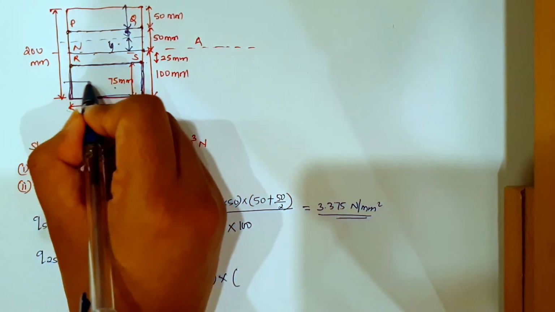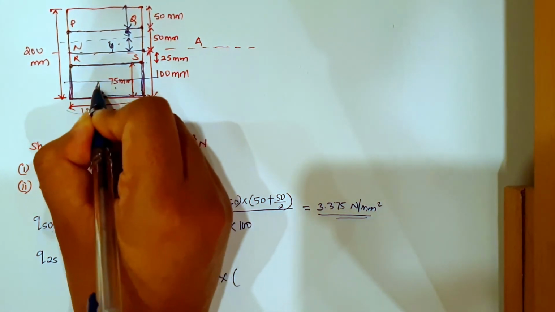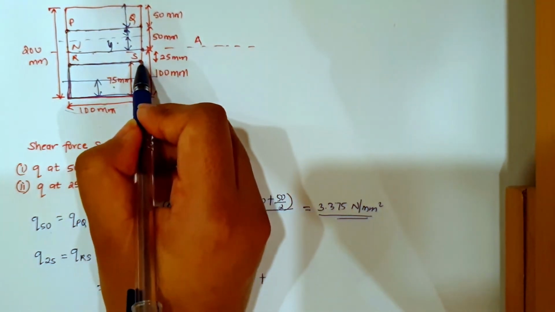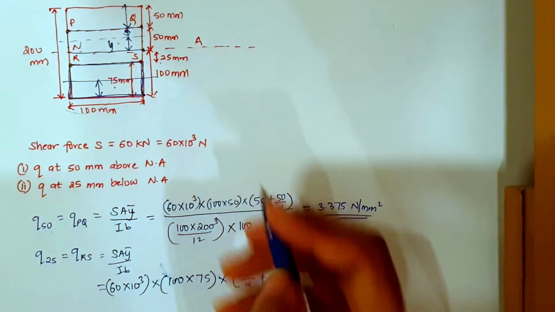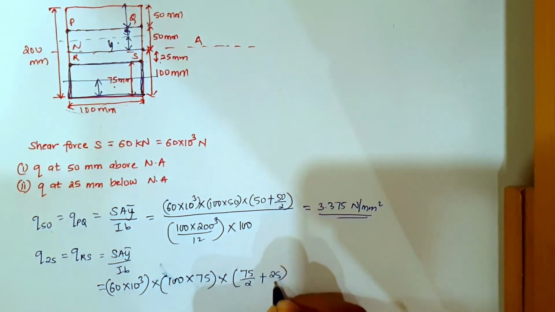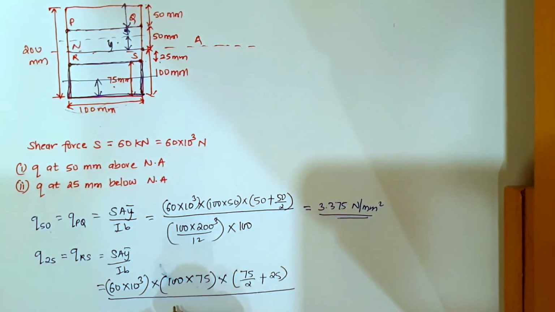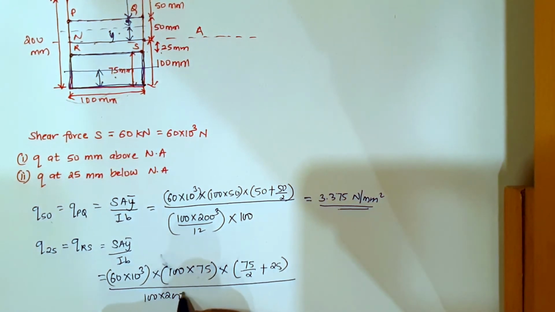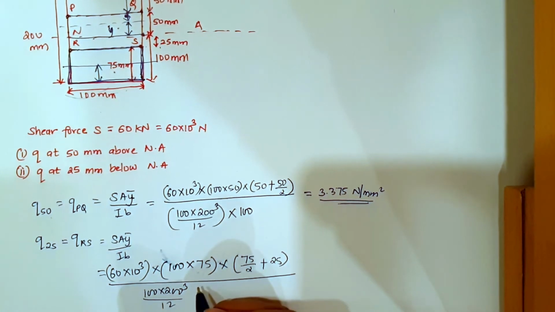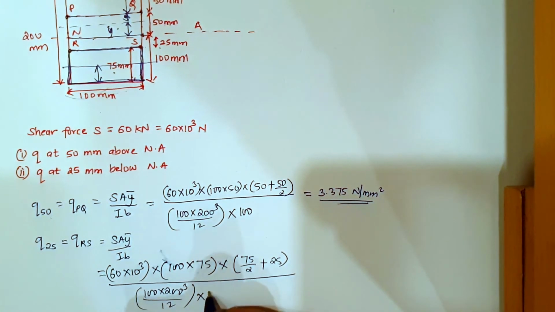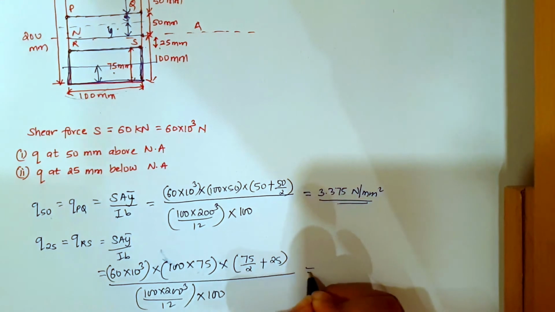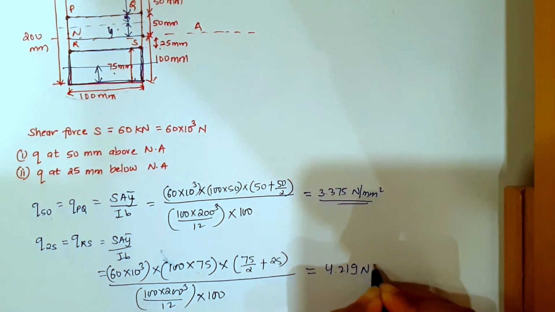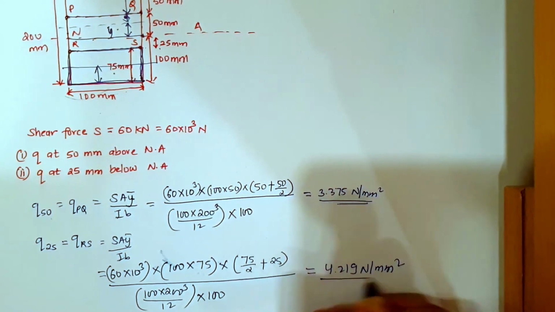For this base it will be at half, which will be 75 divided by 2 plus remaining distance till neutral axis is 25 mm, so plus 25 divided by IB, which is 100 into 200 cube divided by 12 into 100. So from here you will be getting equal to 4.219 Newton per mm square.